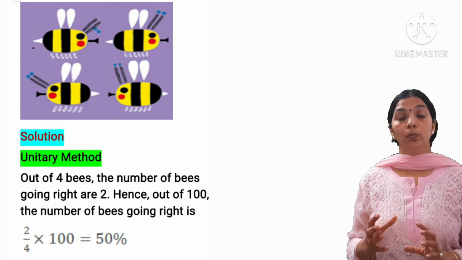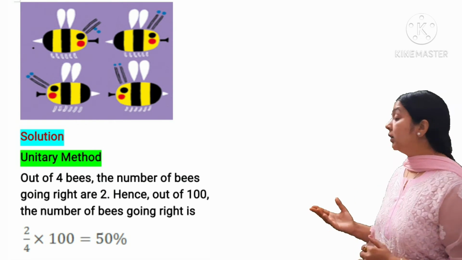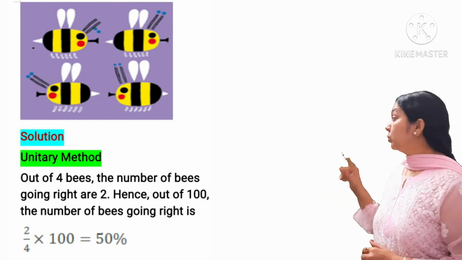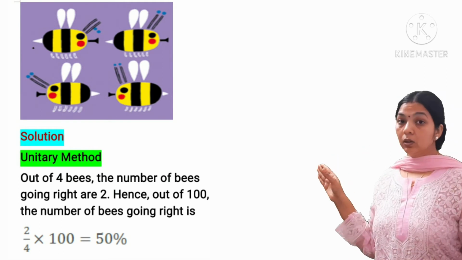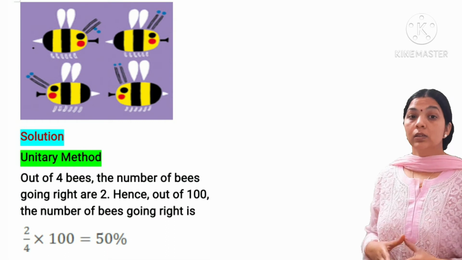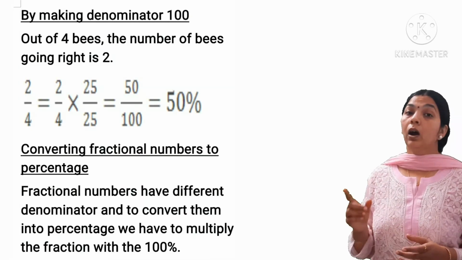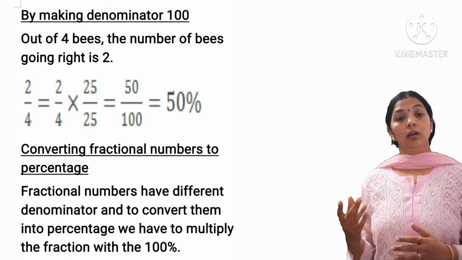So out of 4 bees, the number of bees going to the right is 2. Hence out of 100, the number of bees going to the right is 2 upon 4 into 100, that is 50%. This is how the unitary method works. The second method is by making the denominator 100.